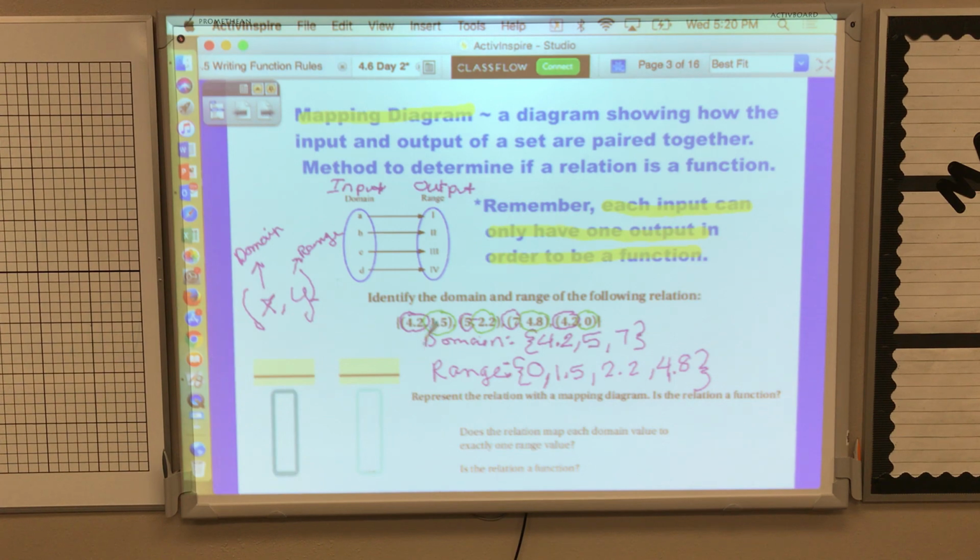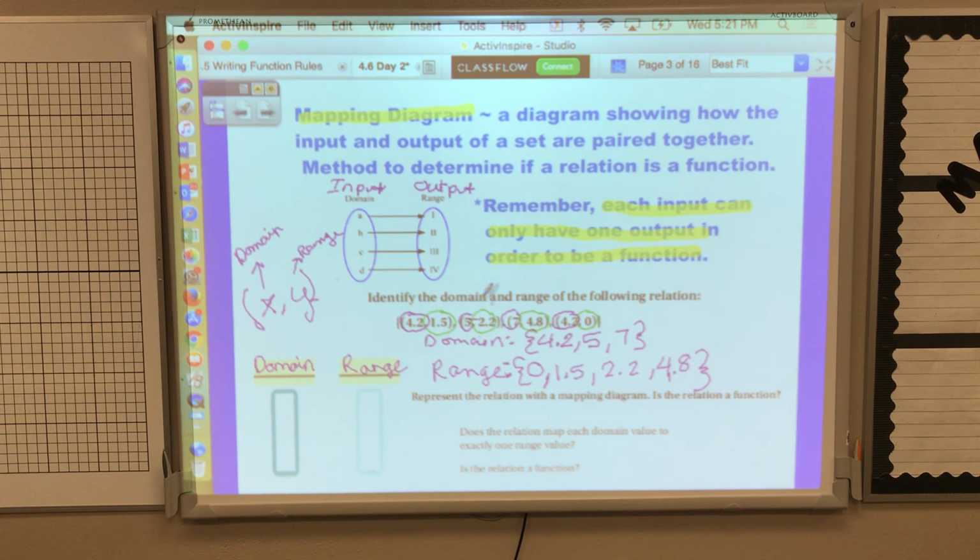Then it asks me to represent that relation in a mapping diagram and determine if it is a function. Here's the start to my mapping diagram. Remember, the first thing we list is our domain, and the next thing we list is our range. Making your mapping diagram is not the same as your list over here.